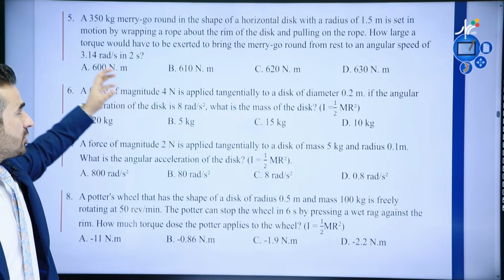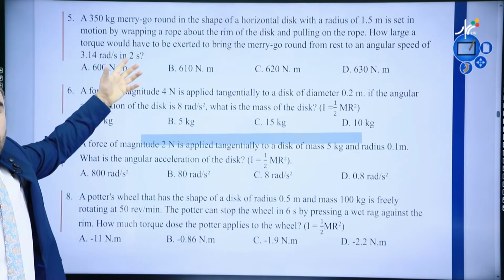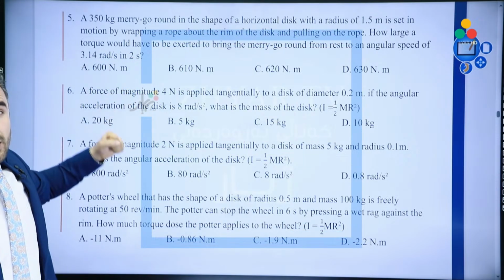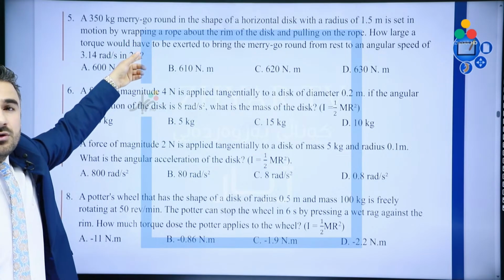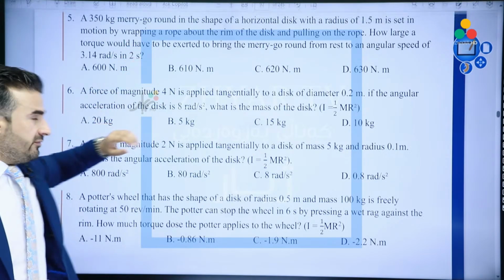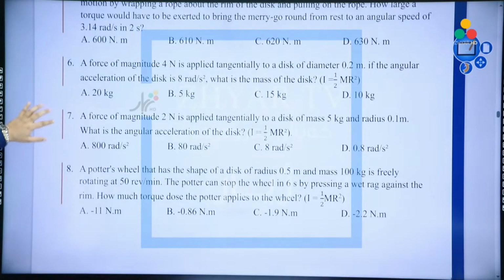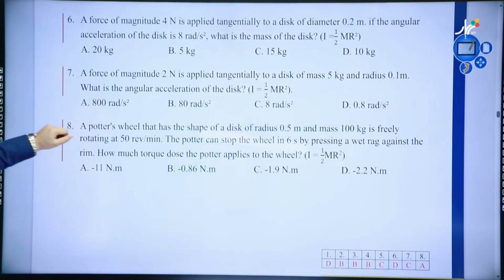In the previous question, of course, we solved something very similar to this, so I would recommend you go back and watch the previous video. If you don't know how to solve this one, then come back and solve question 5, which is very important for you.